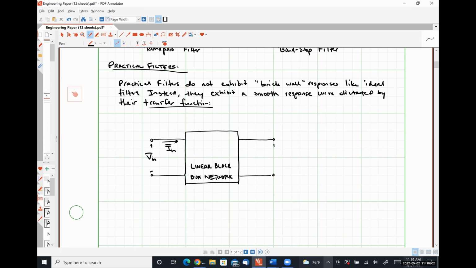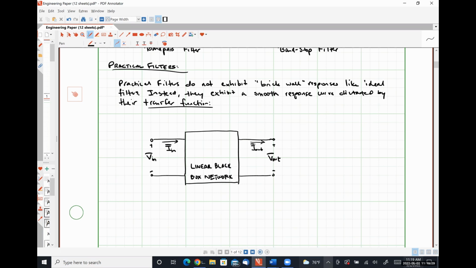We could have an output voltage phasor or an output current phasor. Our transfer function is simply the output signal divided by the input signal.